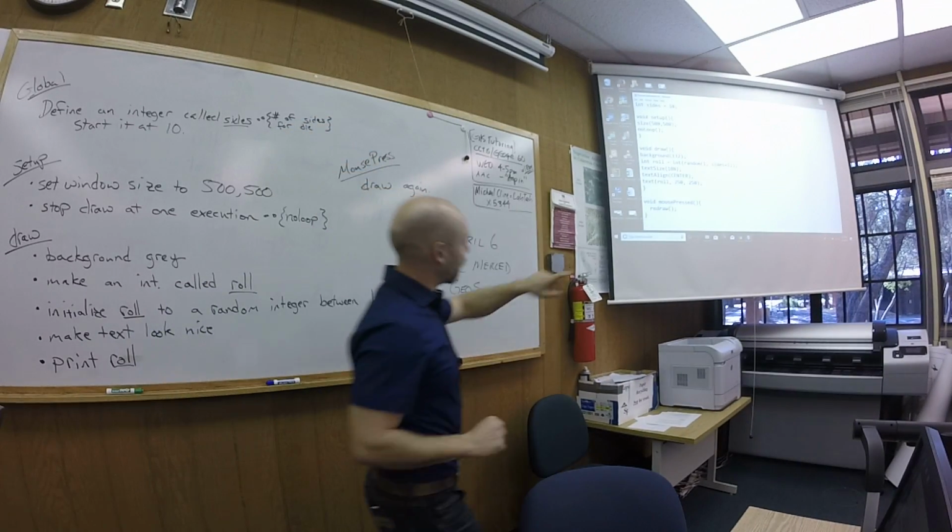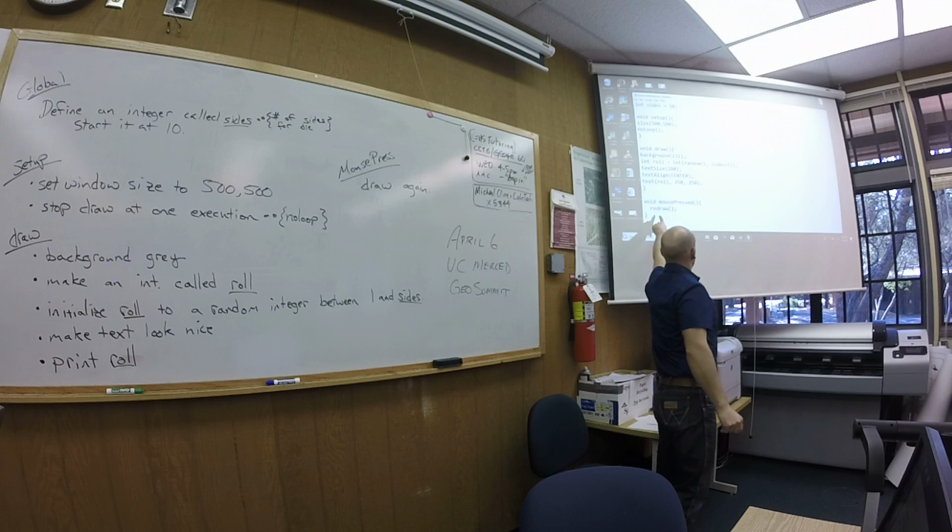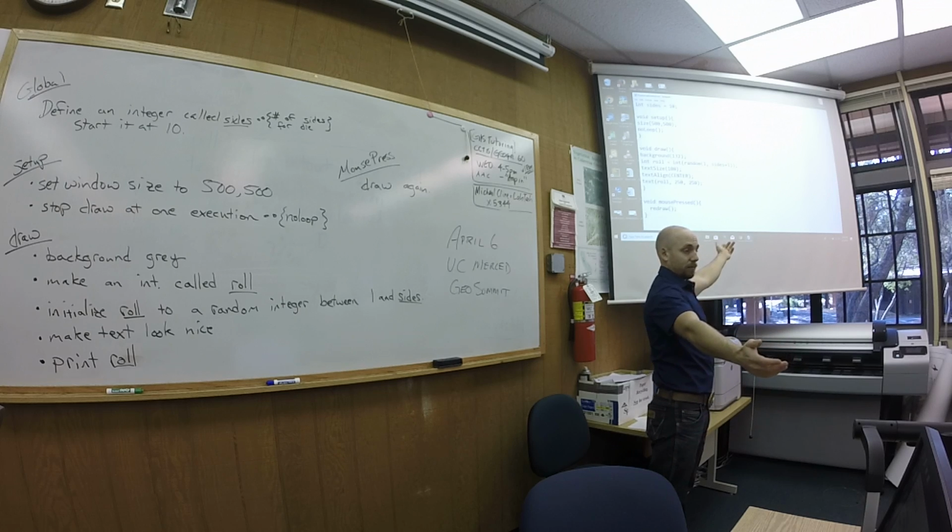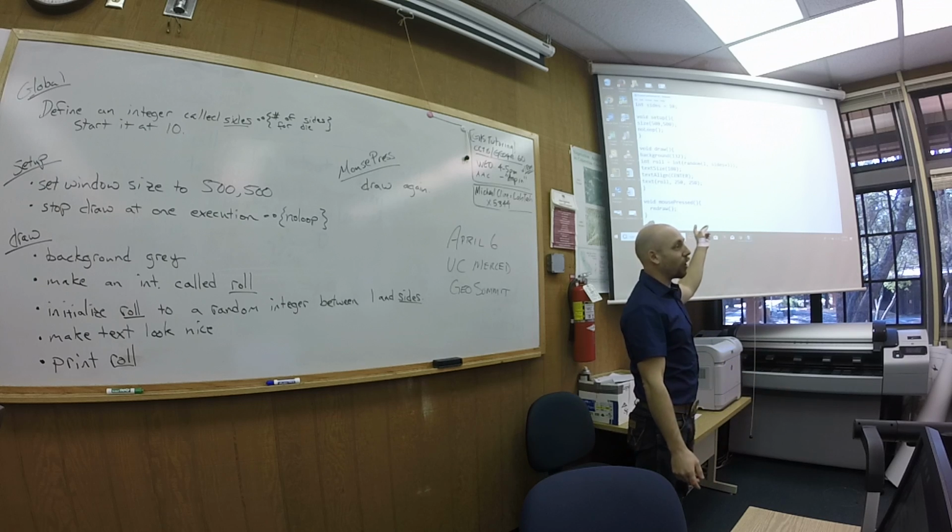One of the quirks of Processing is that it will not let you call the draw method again. It's called automatically, and it will not allow you to manually call it. It just ignores that line. It doesn't even yell at you. It just doesn't do it.